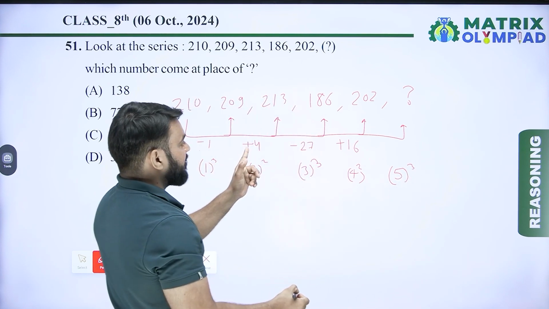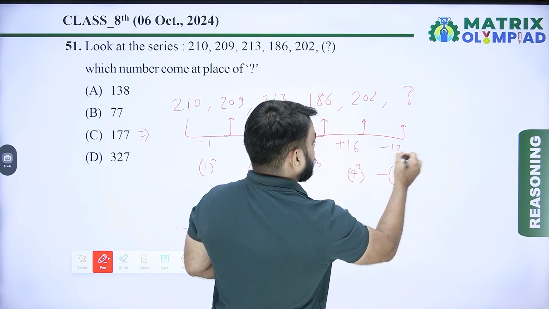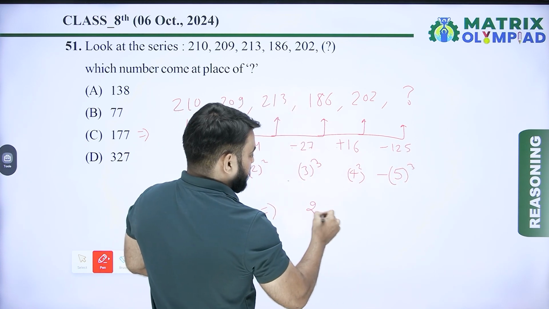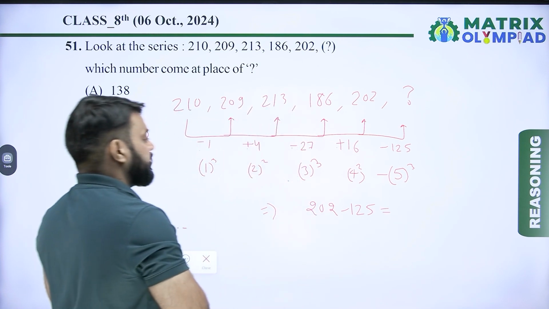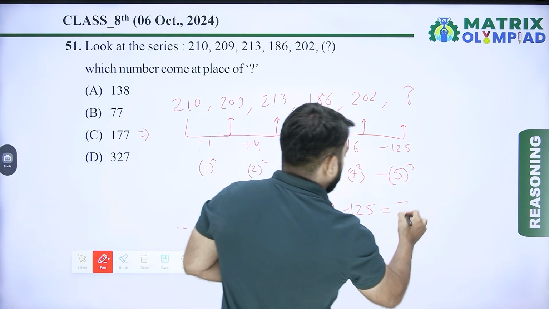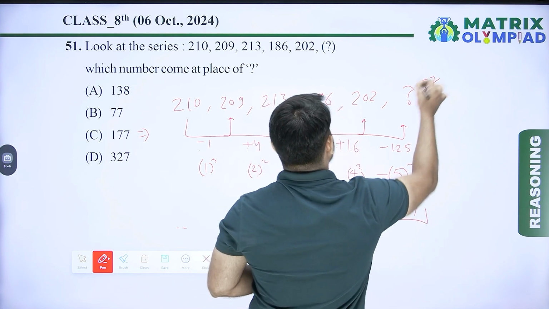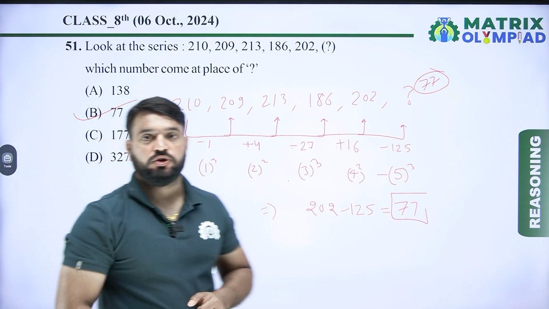Now minus, plus, minus, plus and minus, so minus 125. So subtract 202 minus 125, it means 77. So the next term of the given series is 77. So option B is the correct answer to this question.